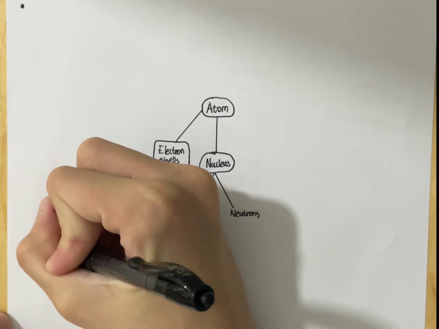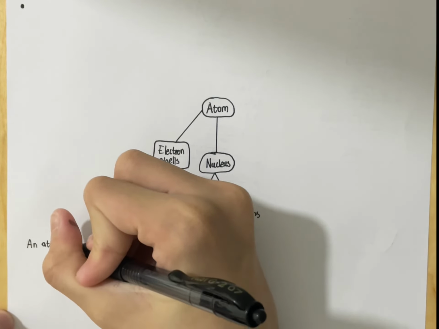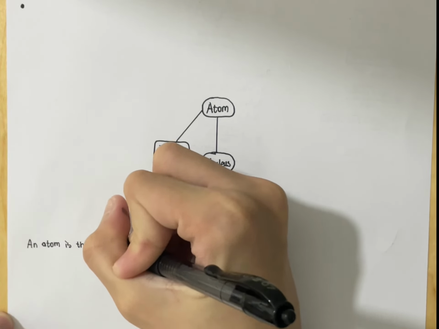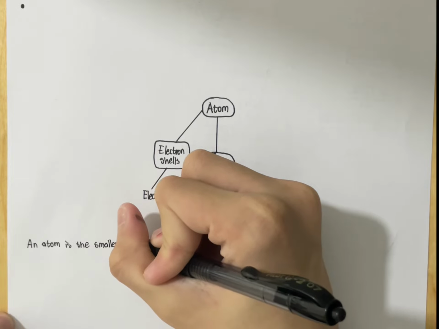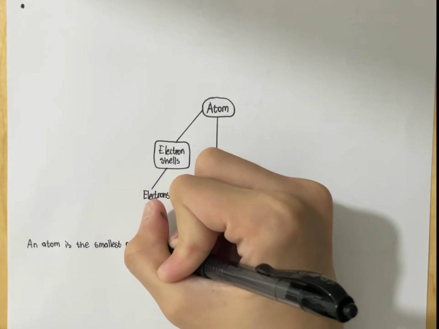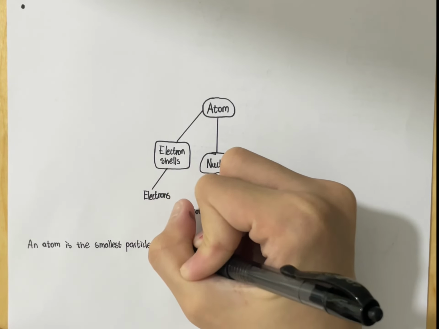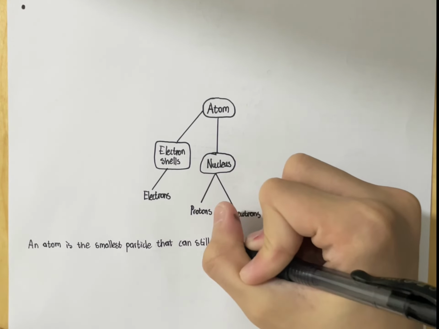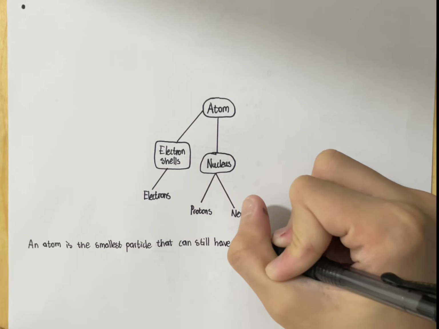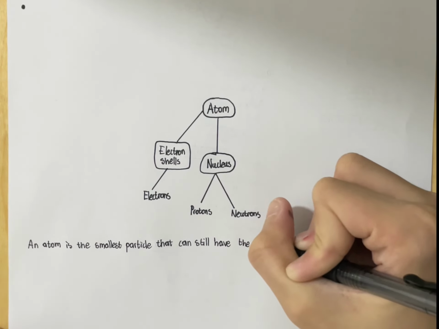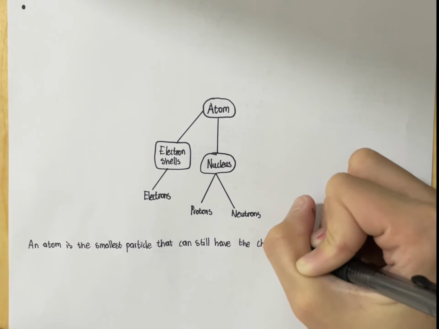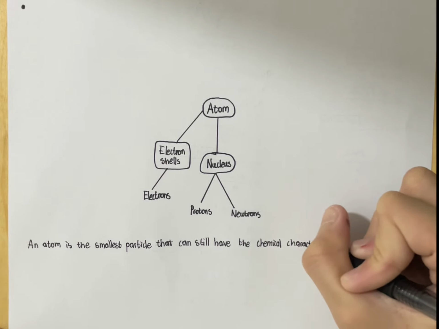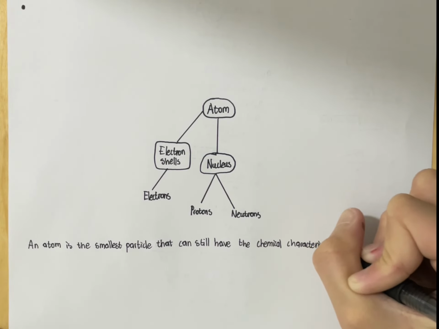An atom is the smallest particle that can still have the chemical characteristics of an element.